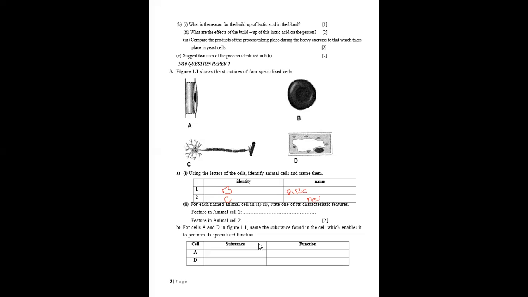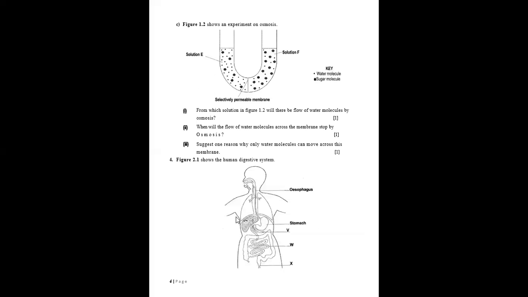Okay, we move on to question C. Figure 1.2 shows an experiment on osmosis. So this is H2O and sugar.